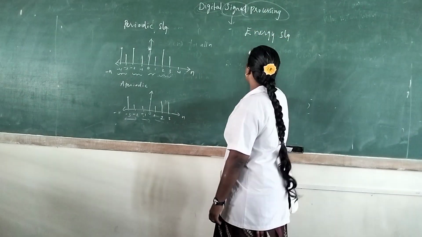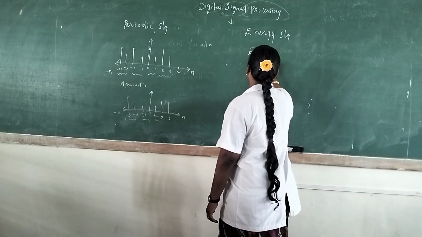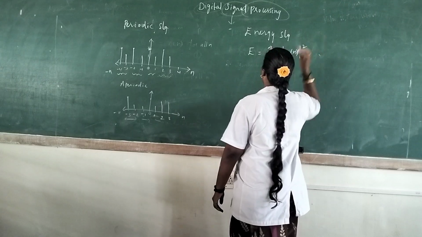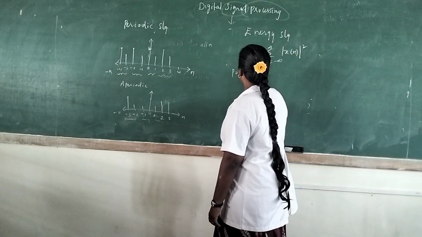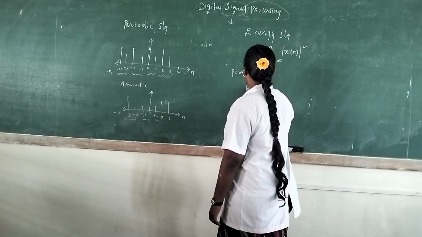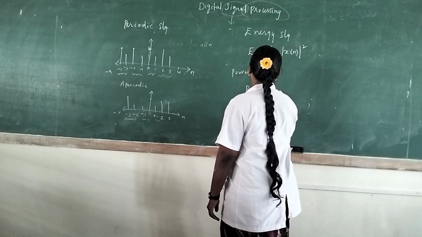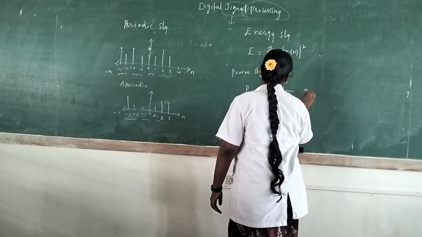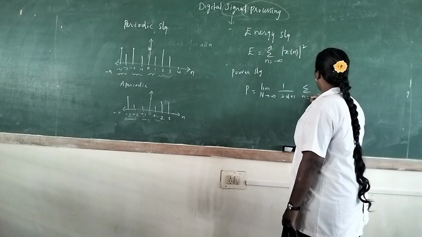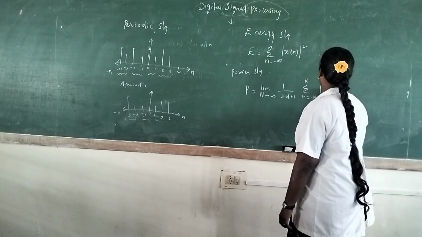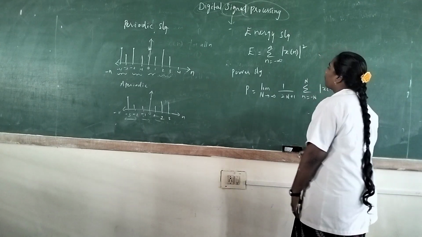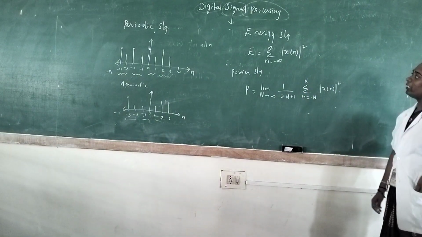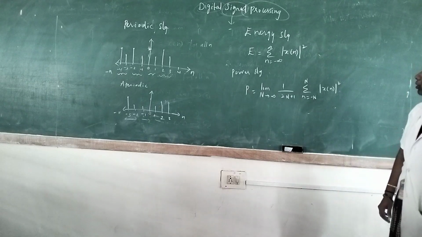The energy is denoted as E. So this is the formula: the summation from n equal to minus infinity to infinity of modulus of x of n whole squared.